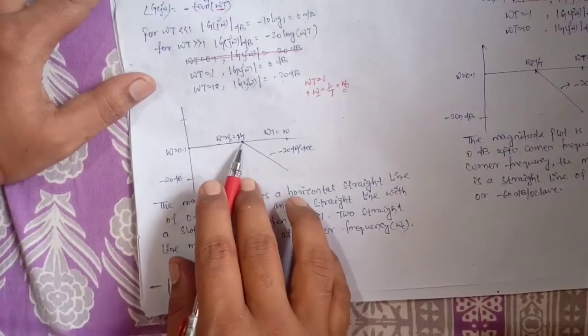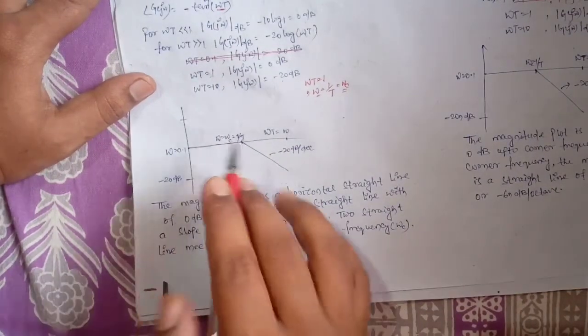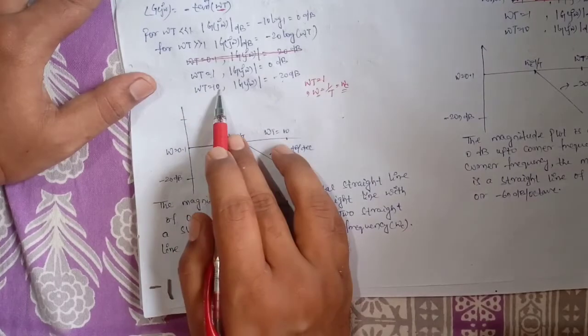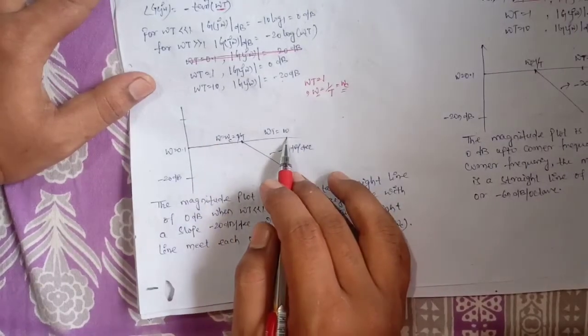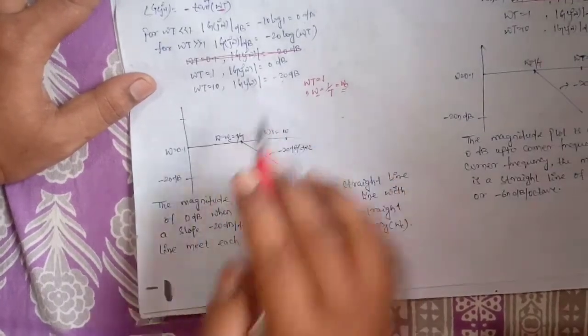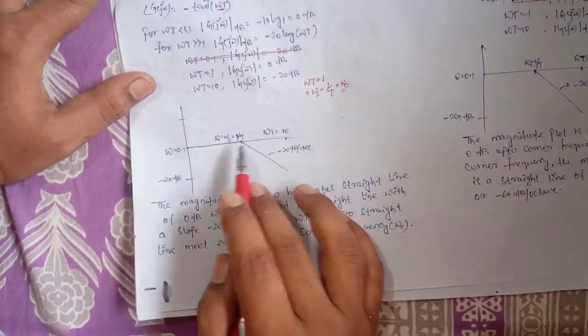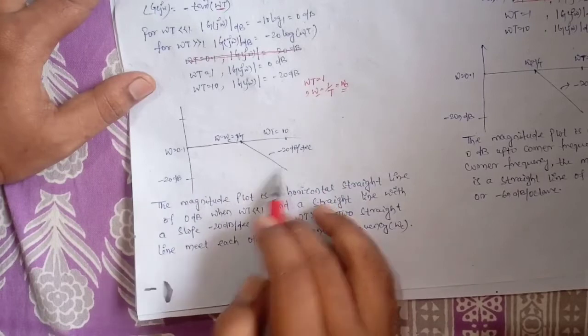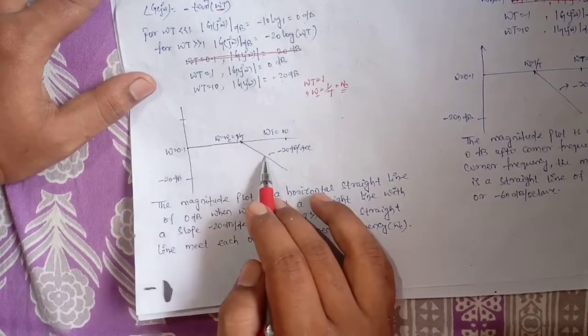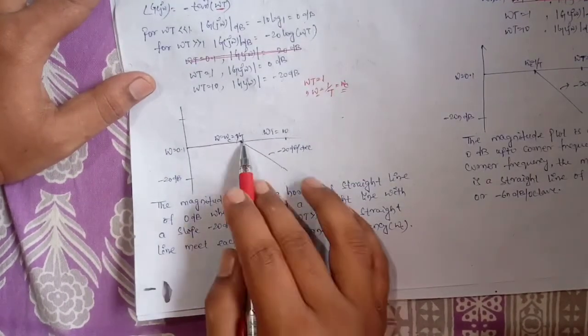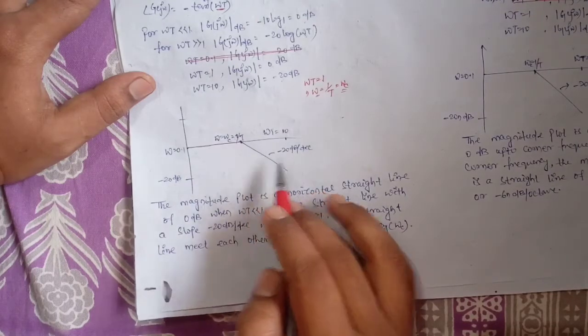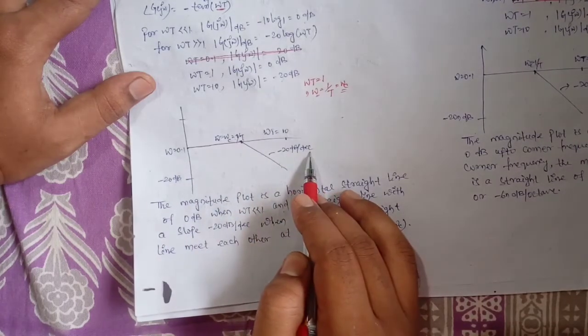So at corner frequency the value is 0 dB. When we further increase omega t to 10 times, then the value is -20 dB. With further 10 times increase in frequency, my magnitude reduces by 20 dB. Thus, this straight line has a slope of -20 dB per decade.